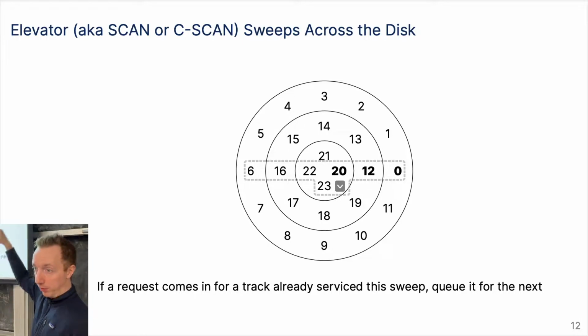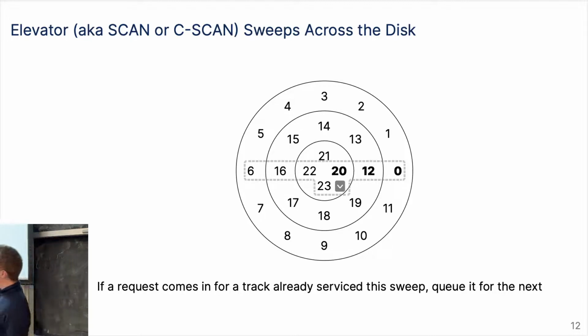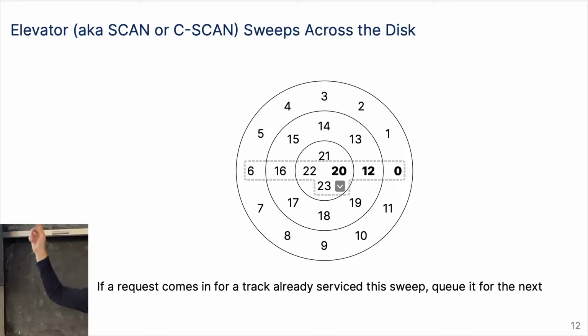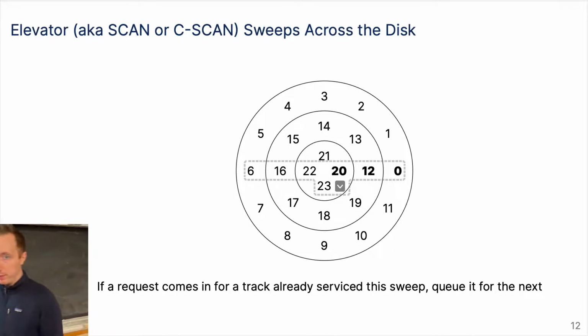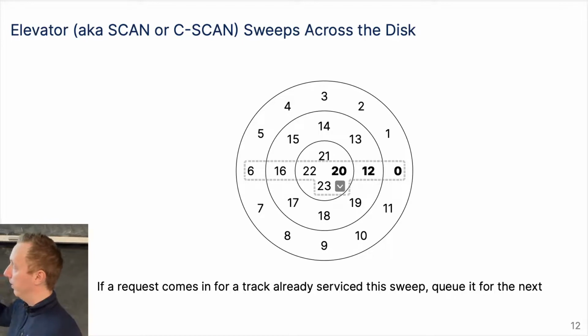But the elevator would do everything on the same track first. So if we also had a request for 6, it would read 0, 6, 12, 20, and then keep going up. And say we read 0, then 6, and then move to 12. Well, if a request comes in for 5, it's not going to do that until the next time it goes through.